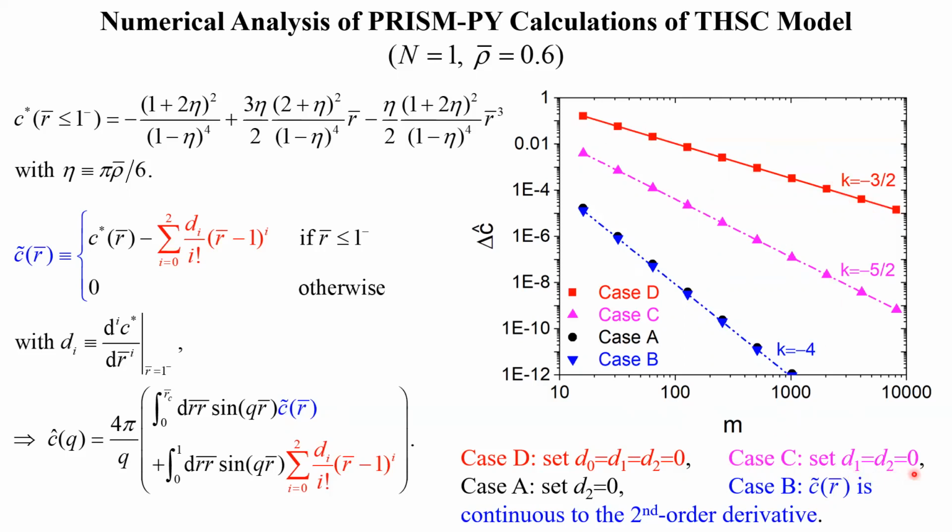That is, C tilde R bar is continuous but not differentiable at R bar equal to 1, and we find a faster decay of delta C hat. In case A, C tilde R bar is continuous in its first order derivative, and delta C hat decays even faster. Finally, making C tilde R bar continuous in its second order derivative only slightly decreases delta C hat, but can no longer change its scaling with M. This clearly shows the importance of analytically treating the discontinuities when performing the transform.